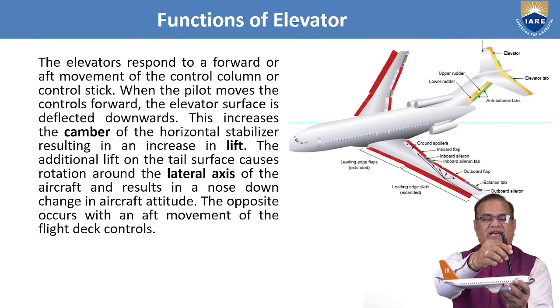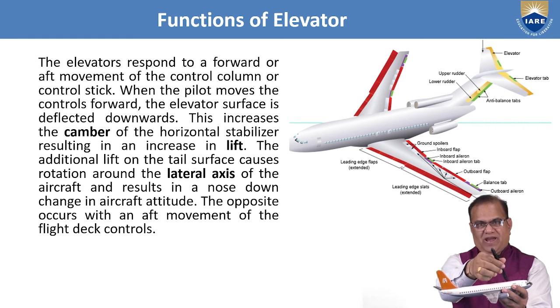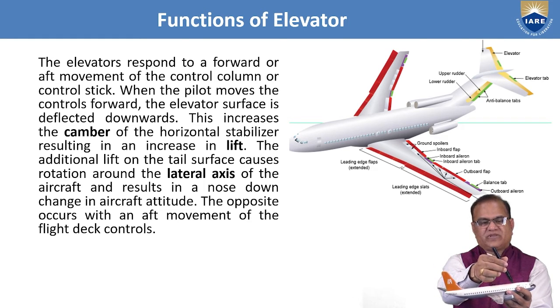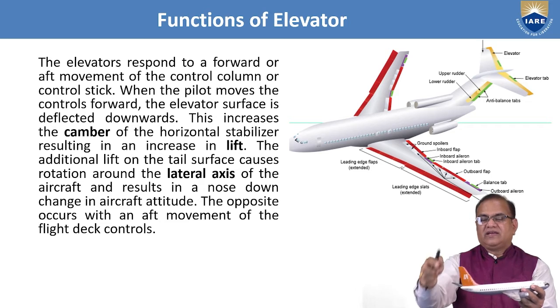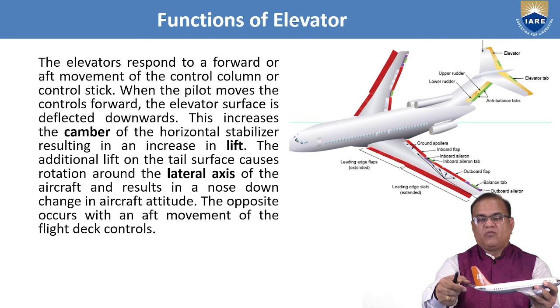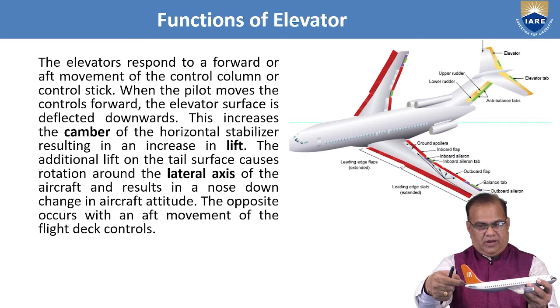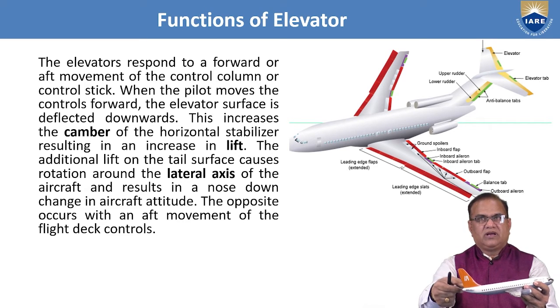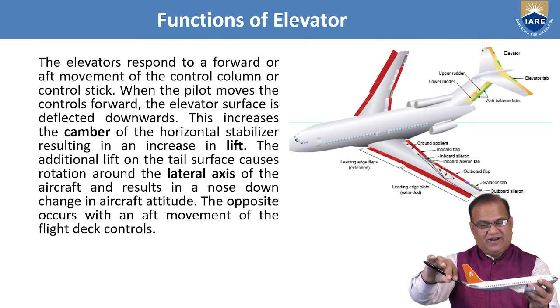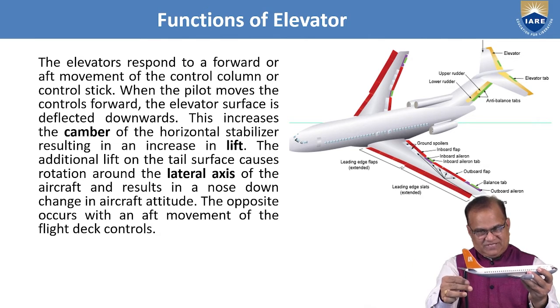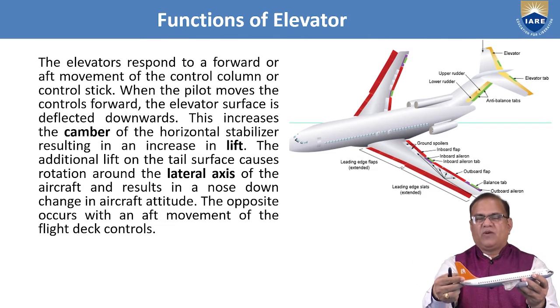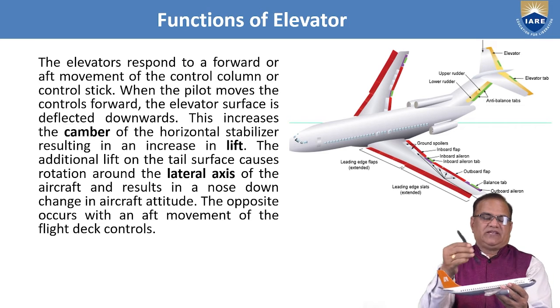And if the control stick is put backward, then the elevator will move upward, lift will be generated downward, and the nose will move upward. Okay, so again I am just explaining.